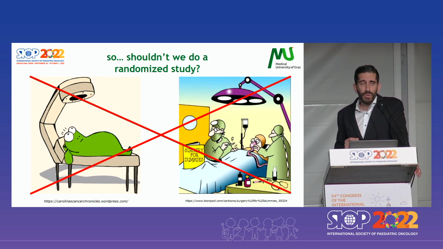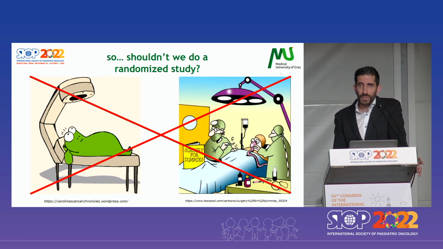And indeed, we do have trials in bone sarcoma in a randomized setting for local treatment which have failed to complete their intended accrual and had to close early because they didn't get enough physicians recruiting their patients.